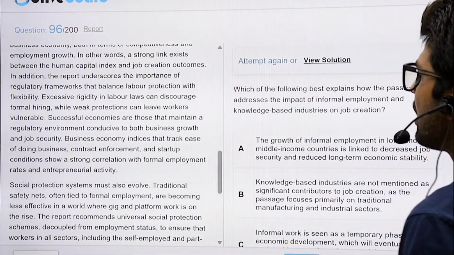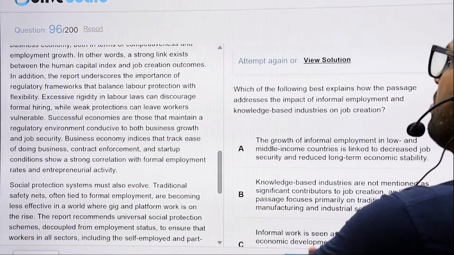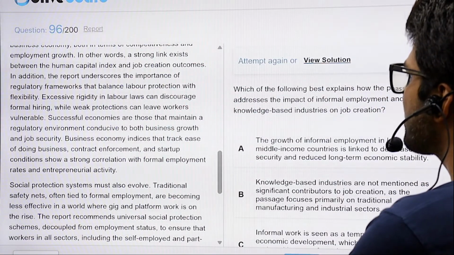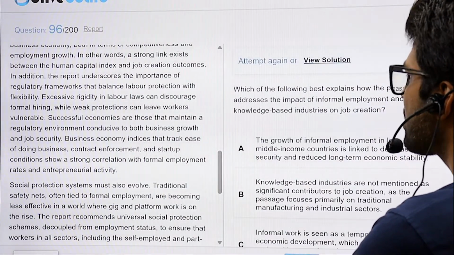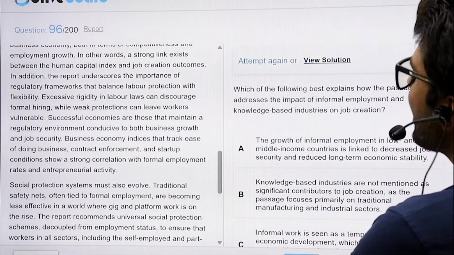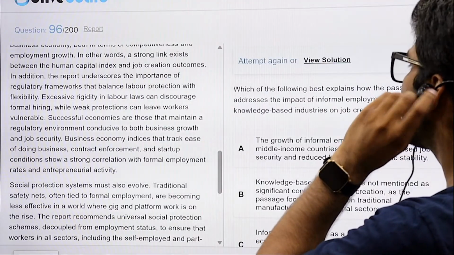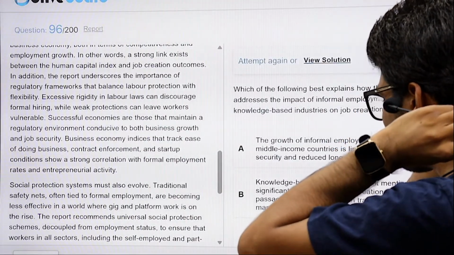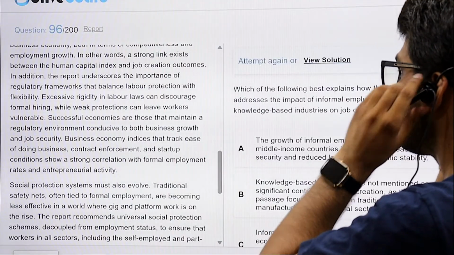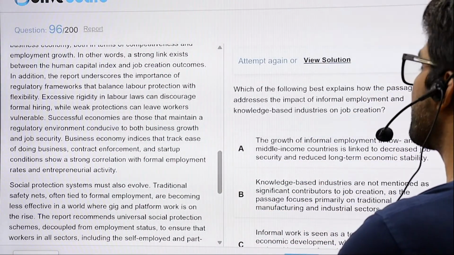In addition, the report underscores the importance of regulatory frameworks that balance labor protection with flexibility. Excessive rigidity in labor laws can discourage formal hiring, while weak protections can leave workers vulnerable.